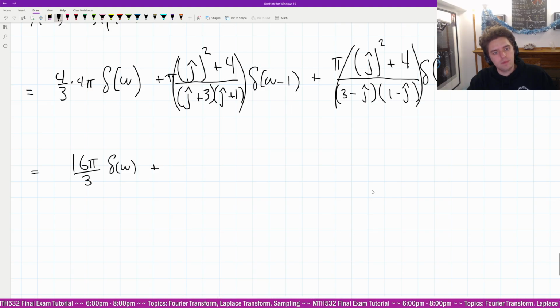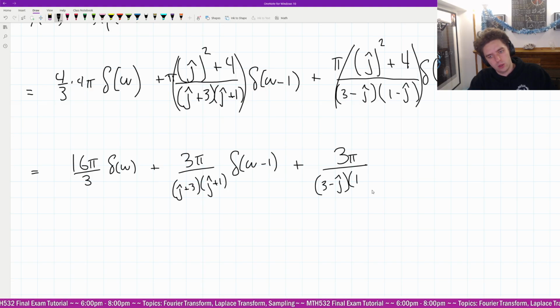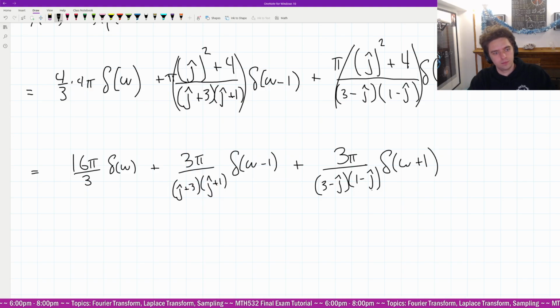Negative 1 plus 4 is 3. So it's going to be 3 pi over j plus 3, j plus 1, delta omega minus 1, plus the same thing, 3 pi over 3 minus j, 1 minus j, delta omega plus 1.